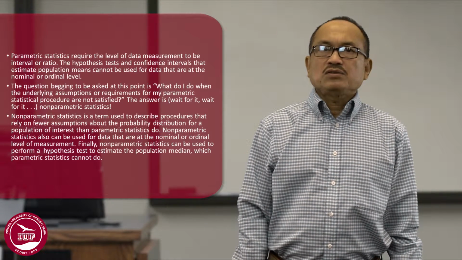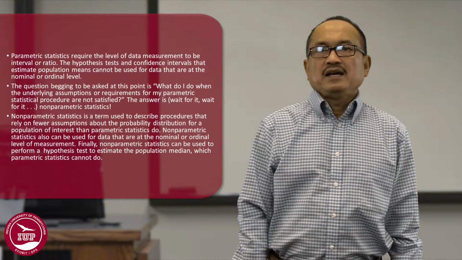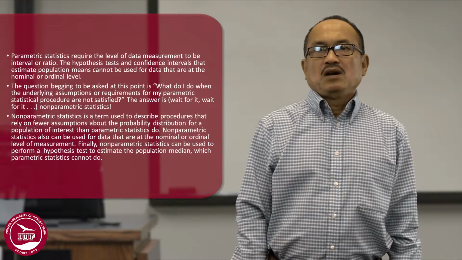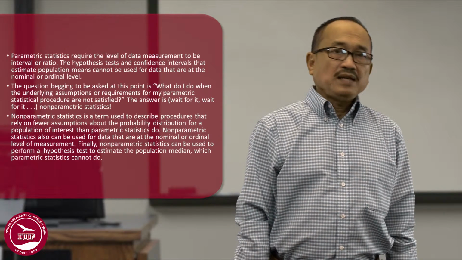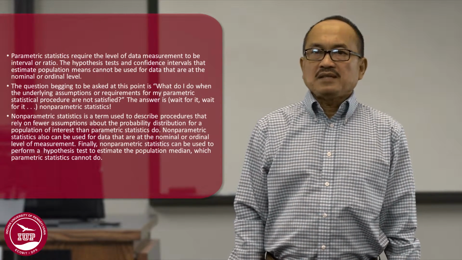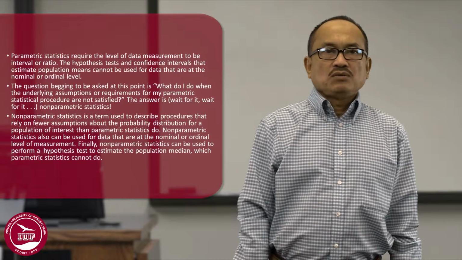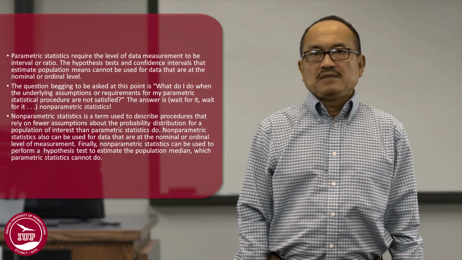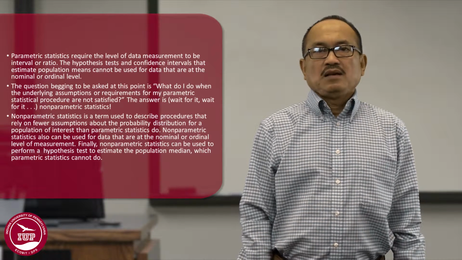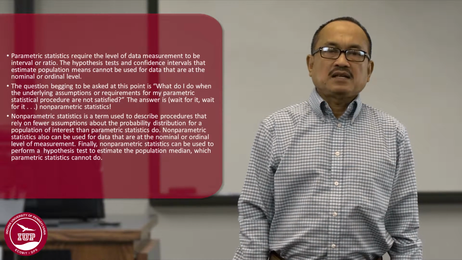Non-parametric statistics also can be used for data that are at the nominal or ordinal level of measurement. Finally, non-parametric statistics can be used to perform a hypothesis test to estimate the population median, which parametric statistics cannot do.